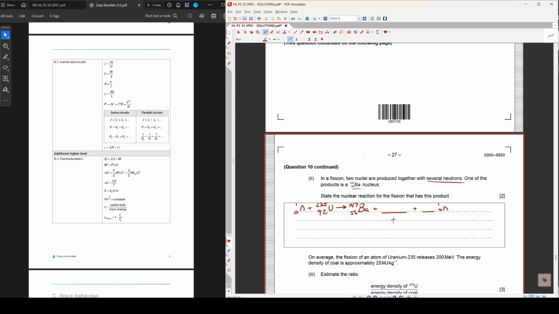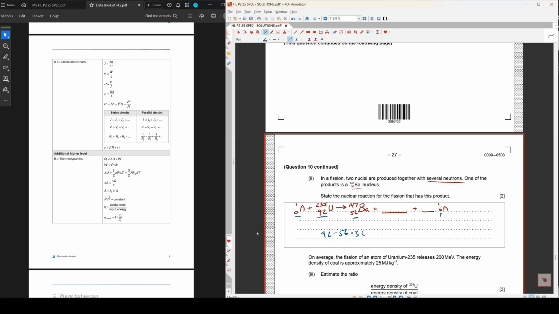You kind of have to do it in a special order, because the one thing I can start with is that the bottom numbers have to add up to 92. And the neutron bottom number is always 0. So it doesn't matter if I have 100 of these, it doesn't change anything about the bottom. So what is the element that's going to make this part balance? I need 92 minus 56. So I need a 36.